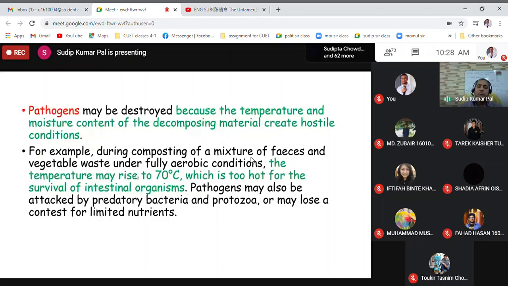They start fighting each other, and sometimes they lose because of the limited nutrients present and because of their strength. So this is quite an interesting biological case by which the destruction is happening.